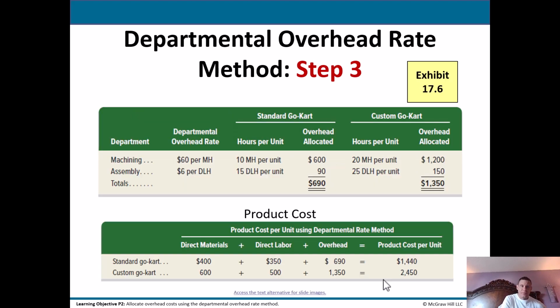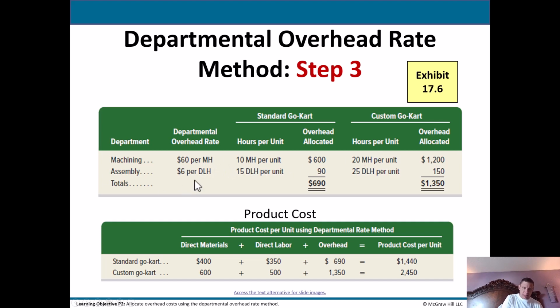And then in step 3, all we're going to do is figure out our amounts. You can see the $60 per machine hour and $6 per direct labor hour, and then we ask how many hours. In this case, machine hours were 10 for the standard and 20 for the custom. So 60 per machine hour times 10 is your 600. 60 times 20 is your 1200.